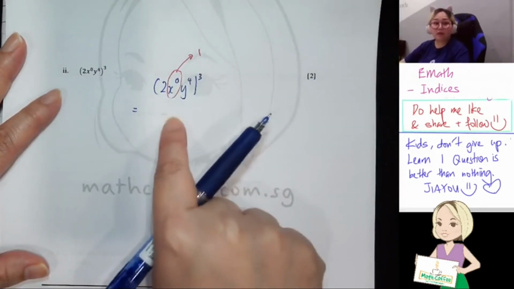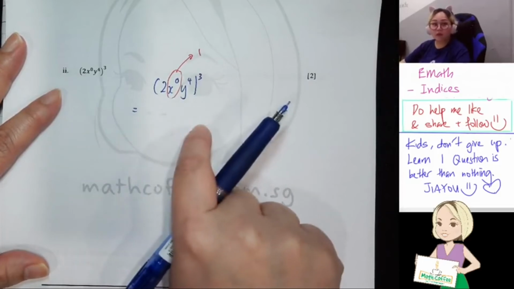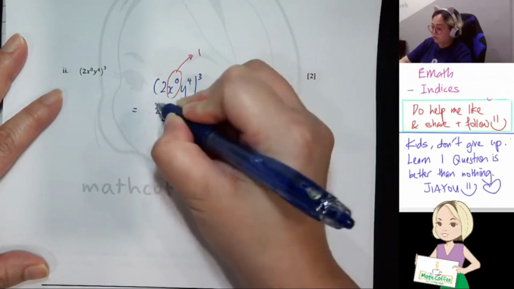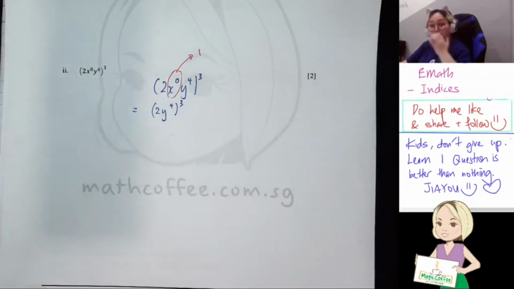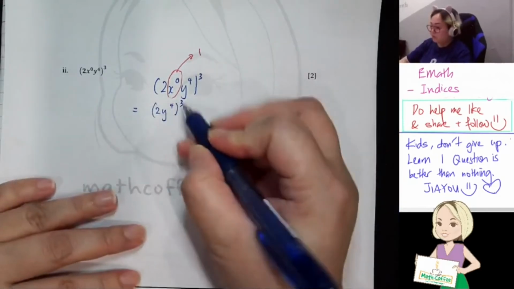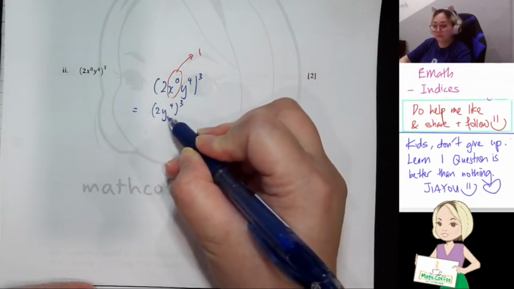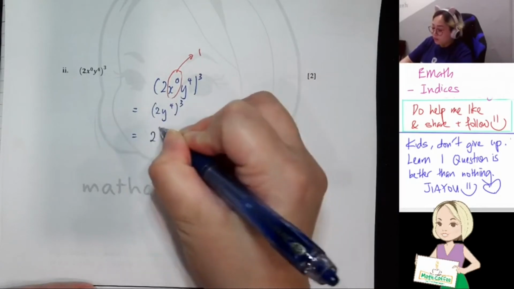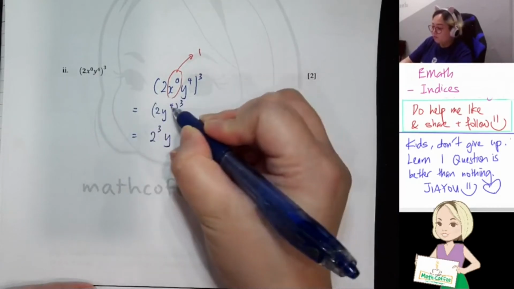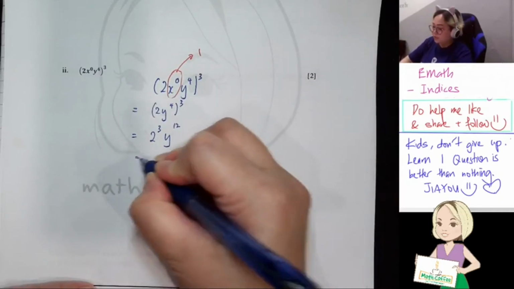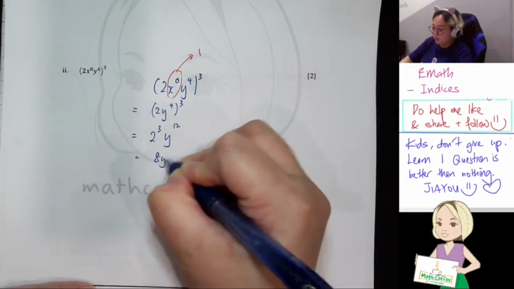It does not affect the 2 and does not affect the y to the power of 4. So it becomes 2 times 1 times y to the power of 4, which is 2y to the power of 4, all cubed. Remember this cube belongs to the 2 and also to the y to the power of 4. So it's 2 to the power of 3 and y to the power of 4 times 3, which is 12. 2 to the power of 3 is 8. So in the end, this answer is just 8y to the power of 12.